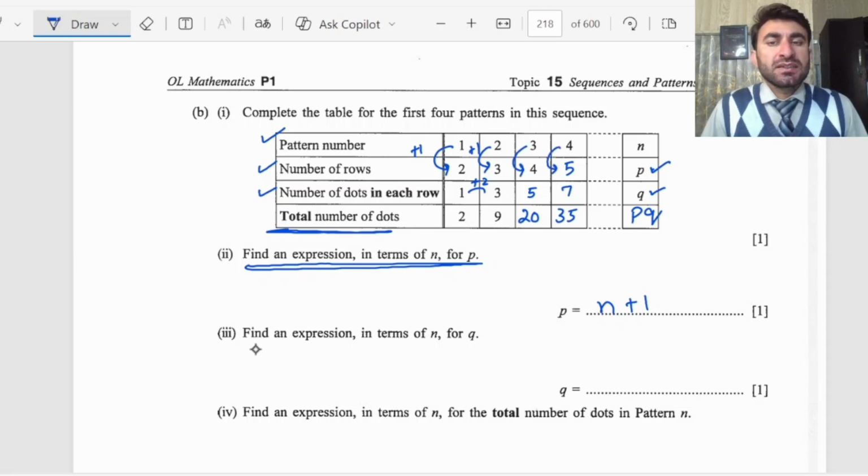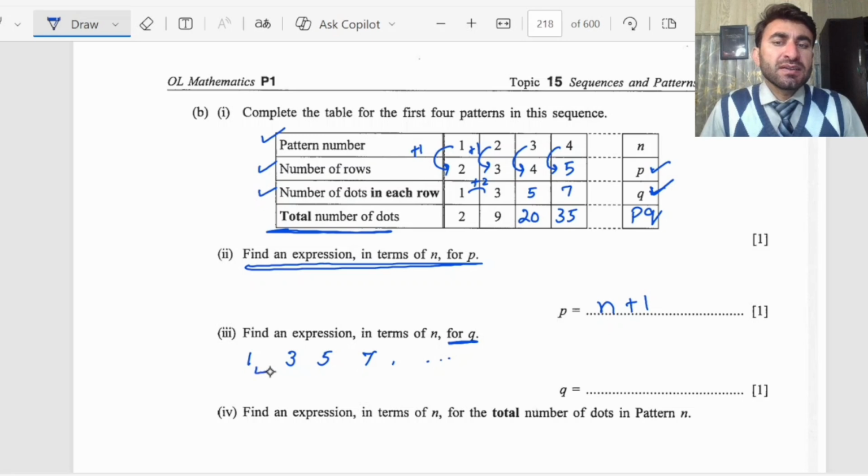Then it stated find an expression in terms of n for q. We know q is the number of dots in each row, and it is represented by the sequence 1, 3, 5, 7, and so on.